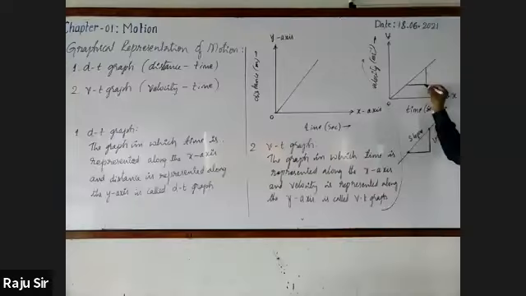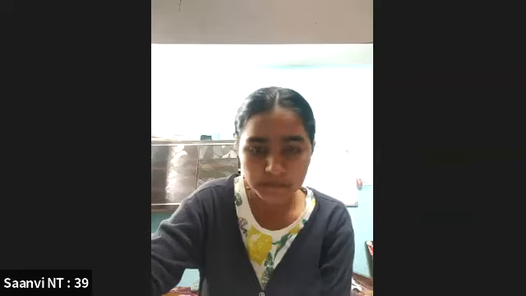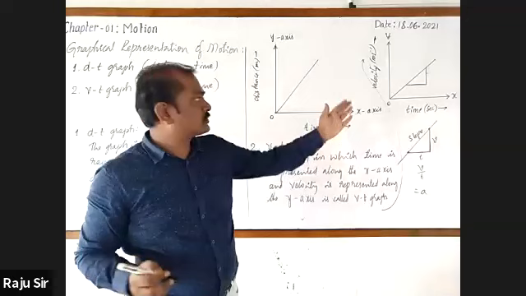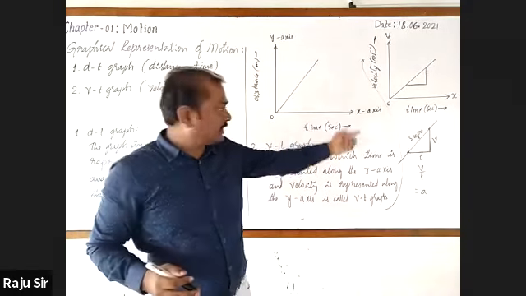What is horizontal distance? Time. Then what is the ratio of V by T? Acceleration. From this, can we say that the slope of VT gives acceleration? Yes, sir. So do remember this one.